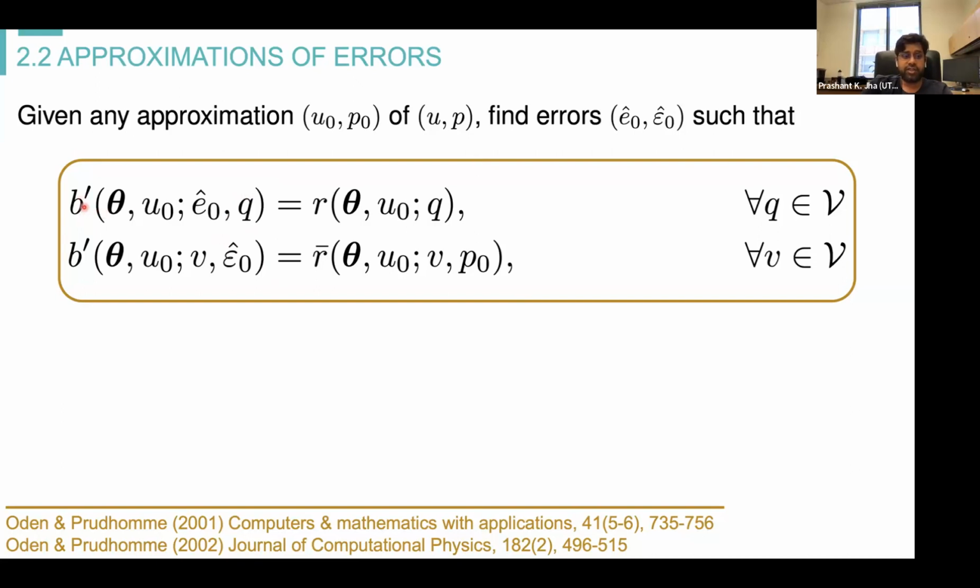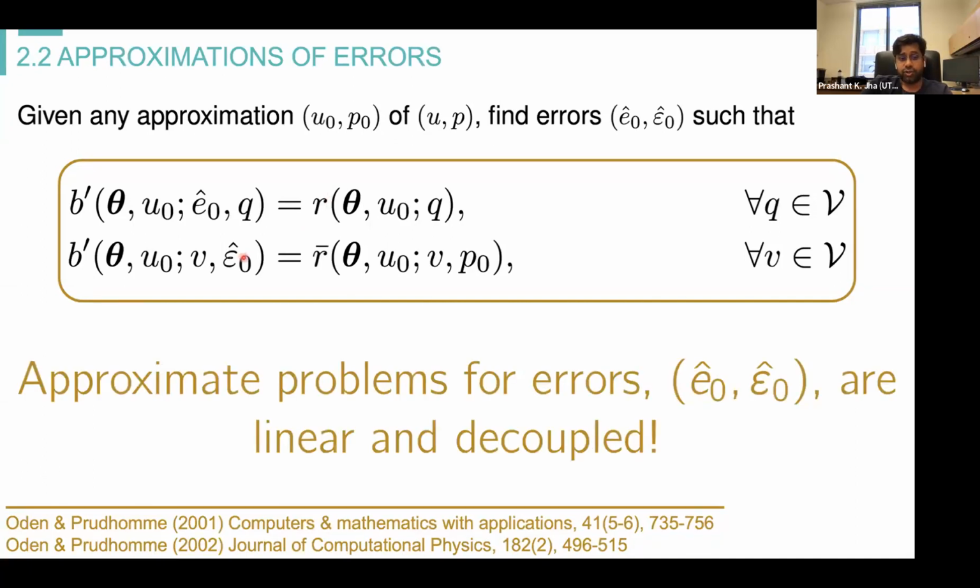B prime is the derivative of the semi-linear form with respect to U. Then you have the residual of the adjoint sitting here, and the residual of the original problem sitting here. I'm sure many of you are familiar with this expression. The key thing to note is that these approximate problems for the errors E0 hat and epsilon 0 hat are linear and decoupled. So you're only solving linear problems to get these estimates of error.